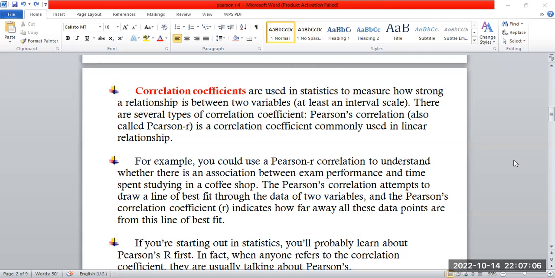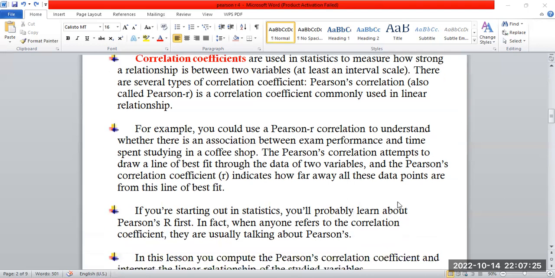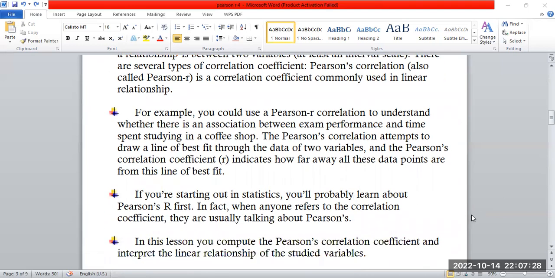Pearson's R correlation attempts to draw a line of best fit through the data of two variables, and the Pearson correlation coefficient, or the R, indicates how far away all these data points are from this line of best fit. If you're starting out in statistics, you'll probably learn about Pearson's R first. In fact, when anyone refers to the correlation coefficient, they are usually talking about Pearson's. And in this last lesson, you compute the Pearson's correlation coefficient and interpret the linear relationship of the studied variables.